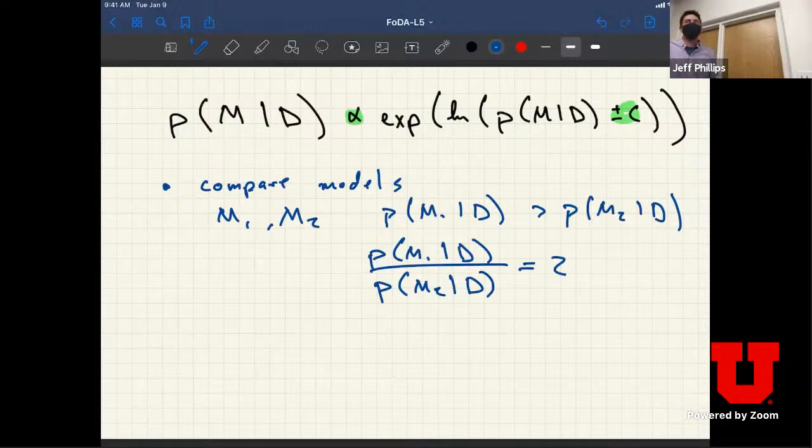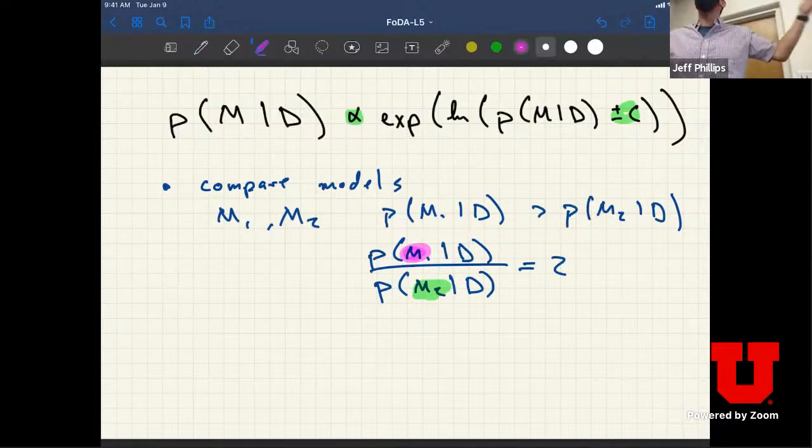If you're doing something like hypothesis testing, sometimes it comes down to something like this, where this might be the null hypothesis, and this M1 might be H1, the alternative hypothesis. And if I find an alternative hypothesis that is something like 19 times more likely than the null hypothesis, I get something like 95% confidence that the null hypothesis is not the right model.